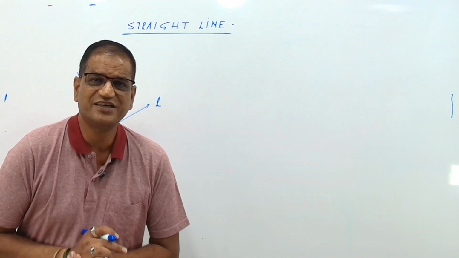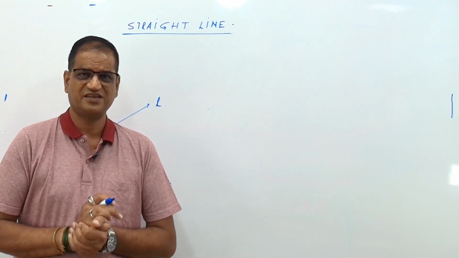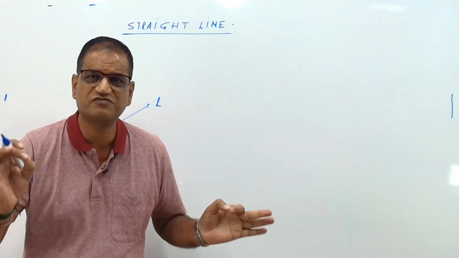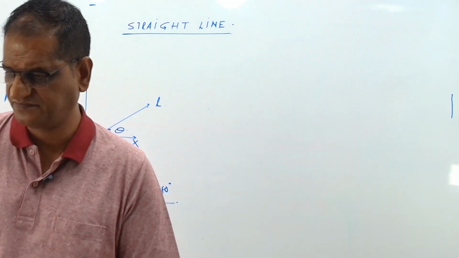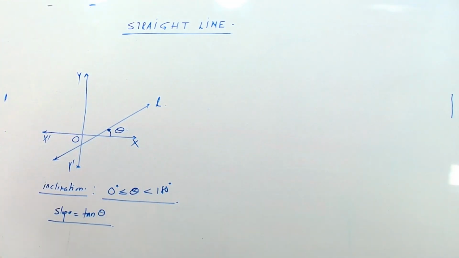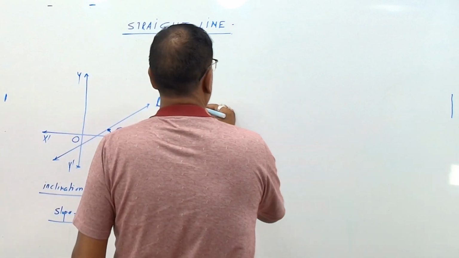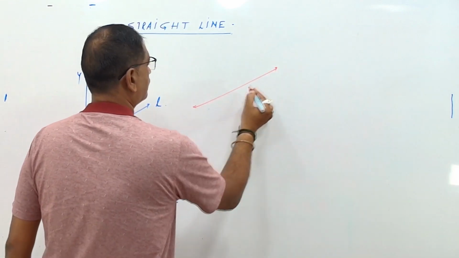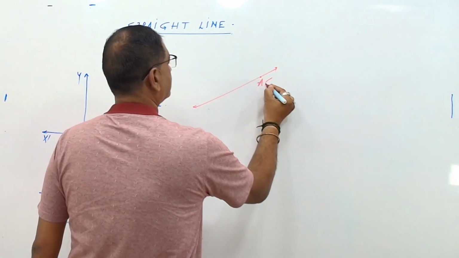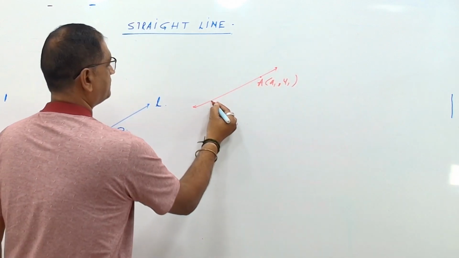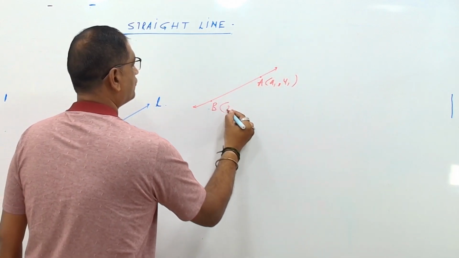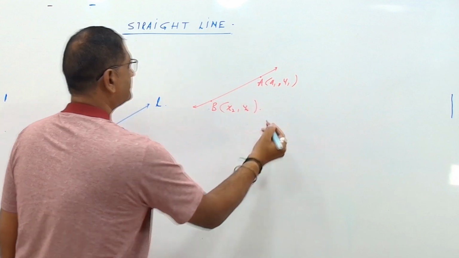Suppose you don't know the inclination of the line. Instead of that, you know the coordinates of two points on the line. Say, for example, this is the line having the point A with coordinates x1, y1, and B is a point on the line having coordinates x2, y2.